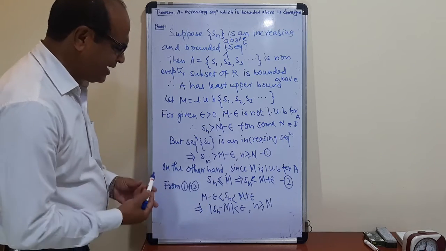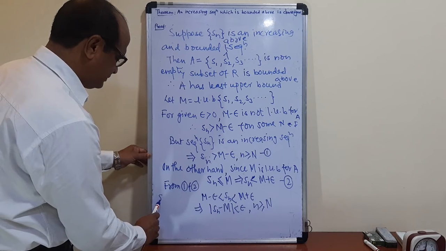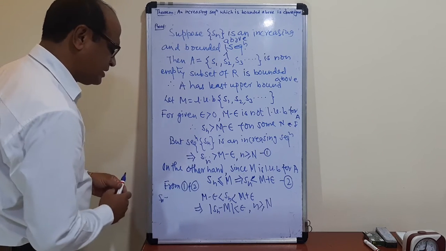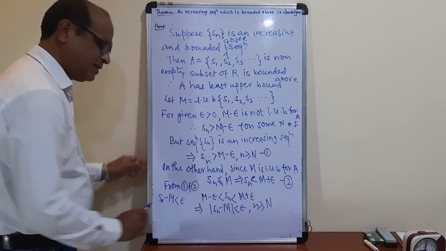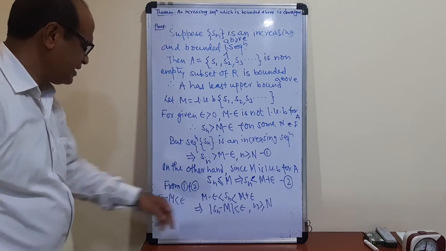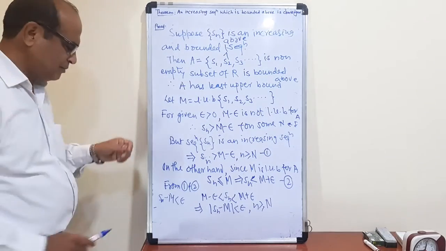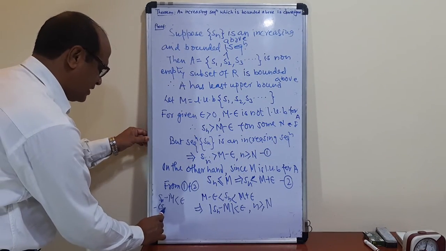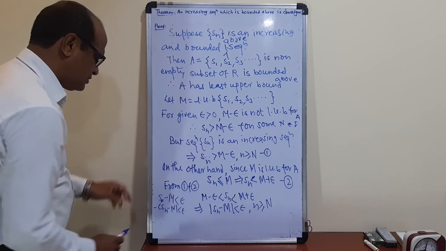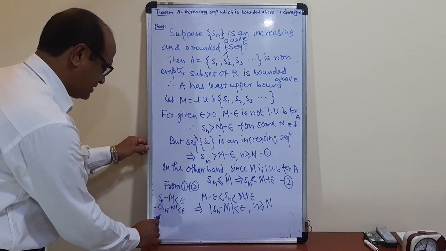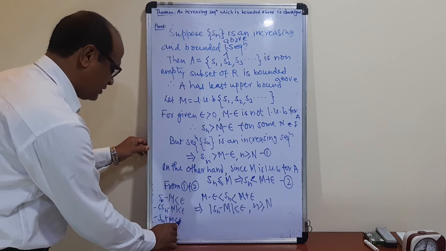हे तुम्हाला माहिती आहे, कारण का जर इथं काय असतं बघा, Sn minus m is less than epsilon. Sn minus m is less than epsilon, and mod having two values here, minus Sn minus m less than epsilon. So minus Sn plus m less than epsilon.